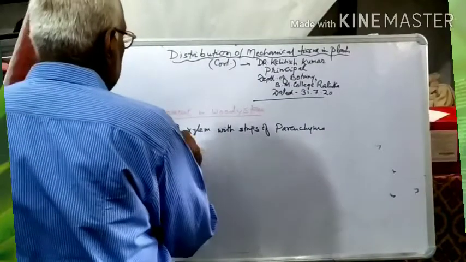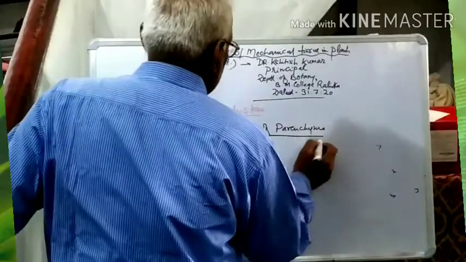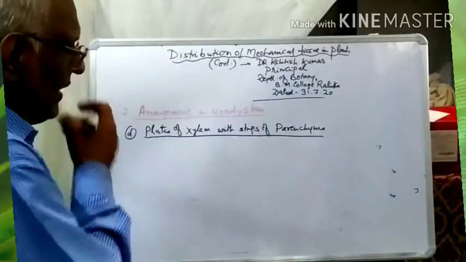Plates of xylem with the strips of parenchyma.